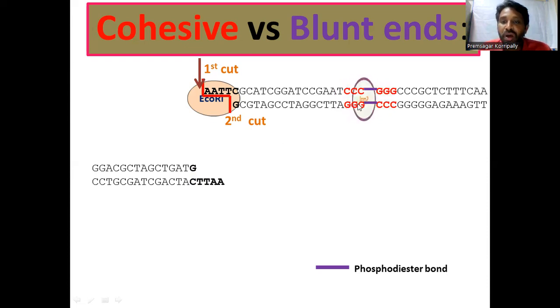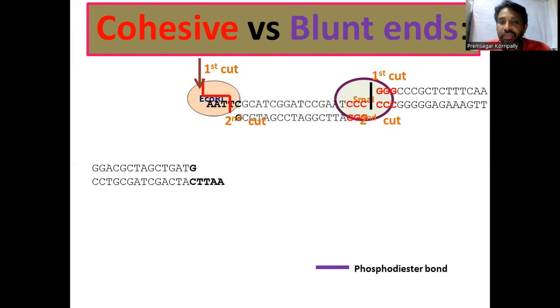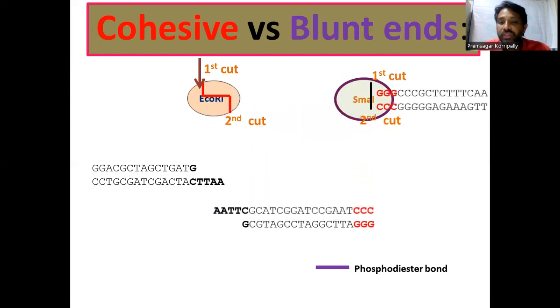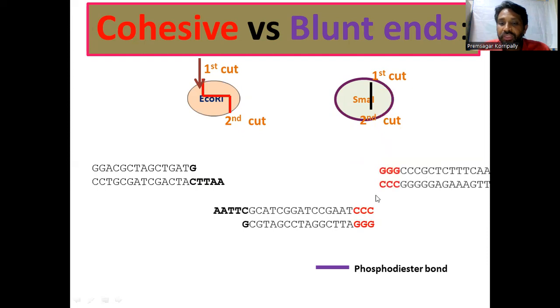And you see here, SmaI digests the DNA, two phosphodiester bonds at the same place. The first phosphodiester bond breaks, and the second cut, right? Then it releases the strands. Here you can see, because of SmaI digestion, the two strands are of equal length.